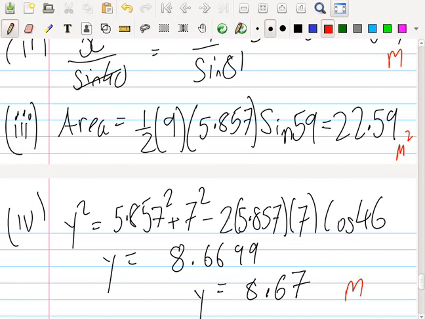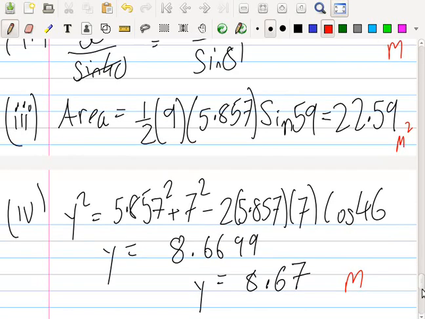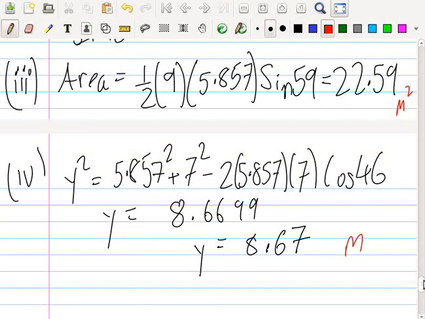This is weird. My calculator's broken. Should have taken this. No, I typed the same thing in on both. Oh, beautiful.